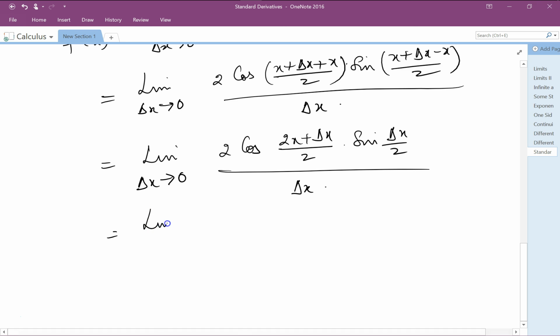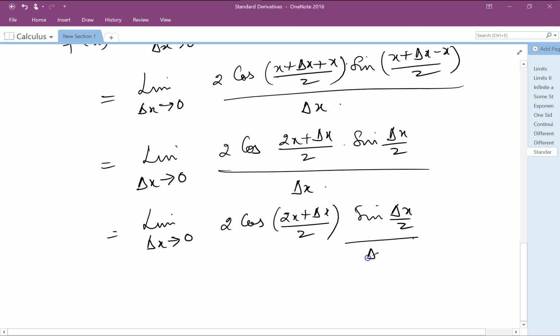Now this delta x in the denominator, we can take it below sin, right? So 2 cos of 2x plus delta x by 2 times sin of delta x by 2 divided by delta x. Remember, 1 by 1 by 2 is nothing but 2. Now what we'll do is we'll take it the other way around. This 2 is equal to dividing by 2, so 1 by 1 by 2.